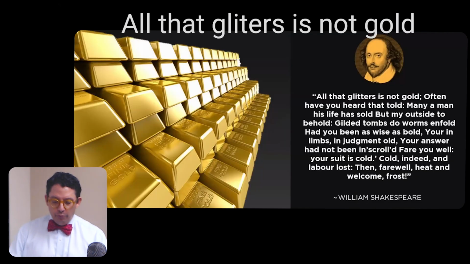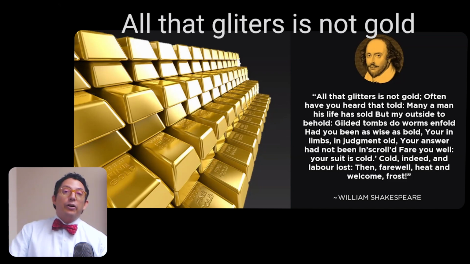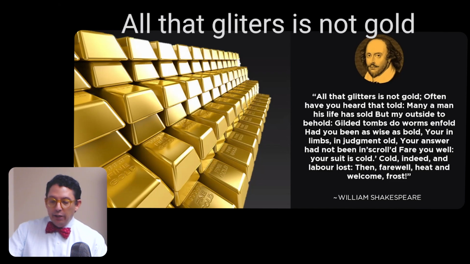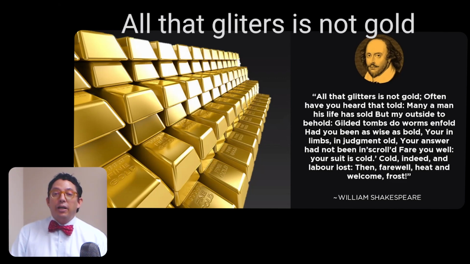I think this is a wonderful quote from Shakespeare, which is that not all that glitters is gold, and it really stands in this situation where we're going to see a lot of things that are hyperdense. Remember, I told you every time you saw hyperdensity in CT, you have to think about blood, but not all of it is blood.